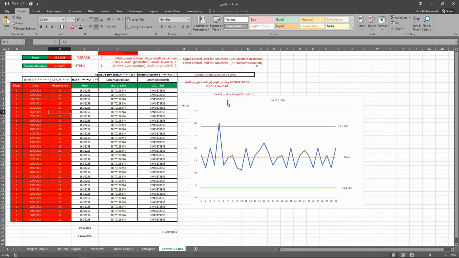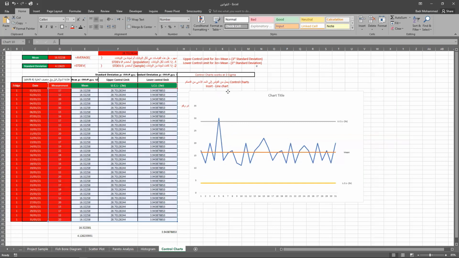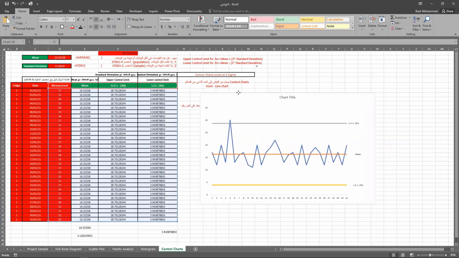By the way, in the manufacturing industry, or in some industries, they put the control chart for the machines on a big screen, so they can directly observe the situation of the machine.